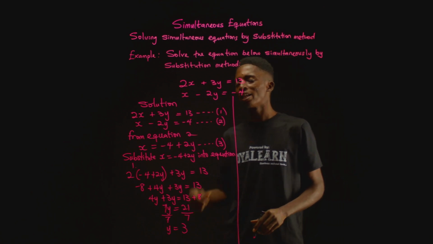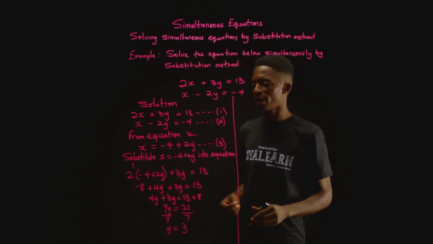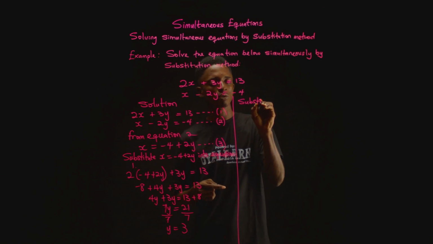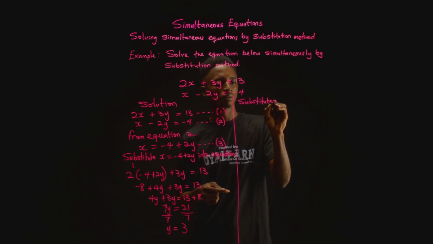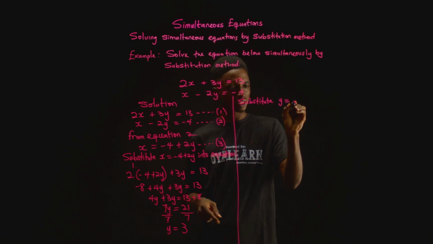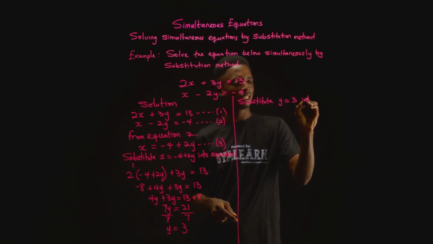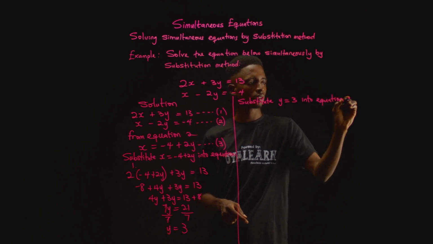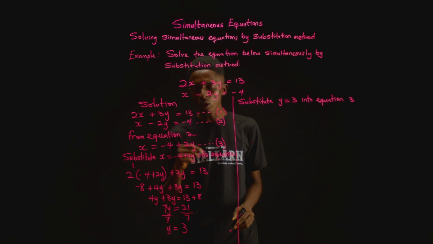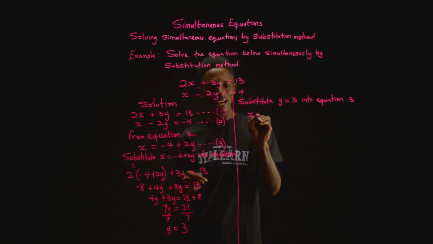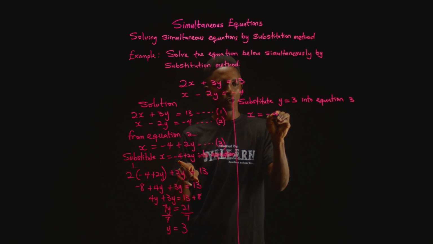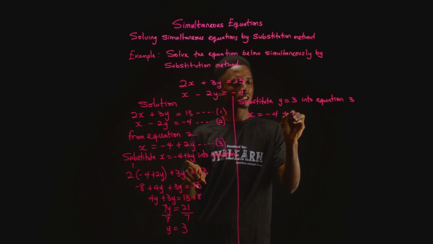Let's substitute y into the original equation to solve for x. So, you write substitute y equals 3 into equation 3. Now in equation 3, we have x equals minus 4 plus 2y.